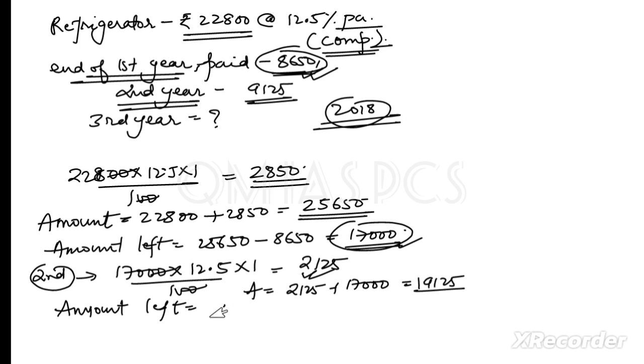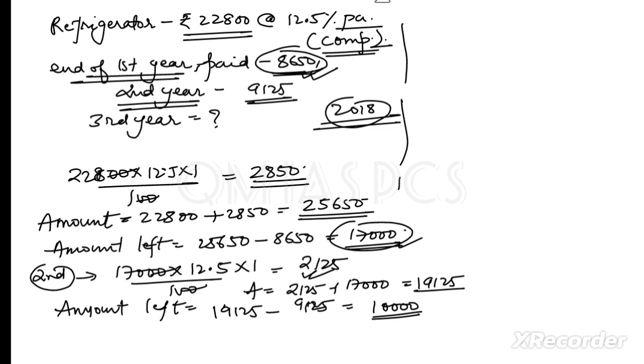So amount left is equal to 19,125 minus how much paid? 9,125 rupees has been paid. So this will be 10,000. So now 10,000 will be left out.